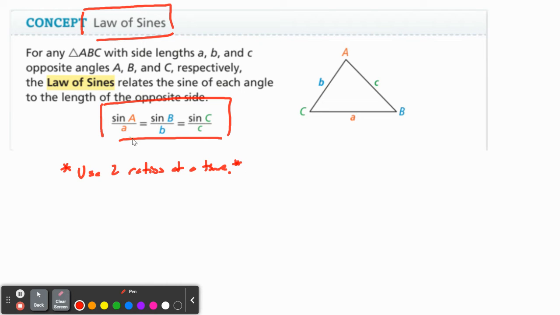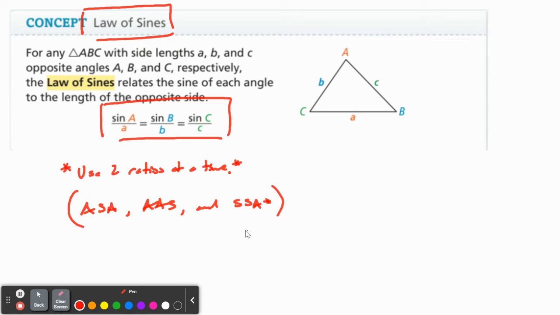Now, in a triangle, here are the situations where you can be given information and use this. First, you can be given the angle-side-angle case, that is, two angles and the side in between. You could also be given the angle-angle-side case, two angles and a non-included side. And you can be given the side-side-angle case. I'll put an asterisk by that because the side-side-angle case is rather interesting.